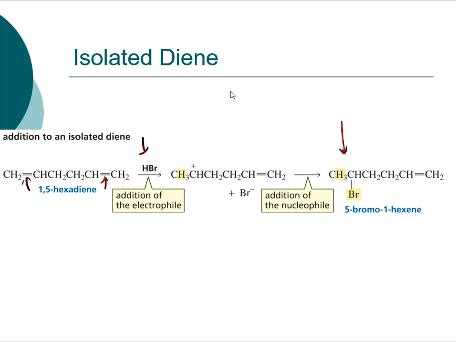That secondary carbocation does not shift, because if it does, it goes to a secondary. There's no reason for it to do that. So that secondary carbocation stays in that position, and the bromide ion comes in and goes on to the secondary carbocation. That satisfies the octet that the carbon needs, forming 5-bromo-1-hexene.